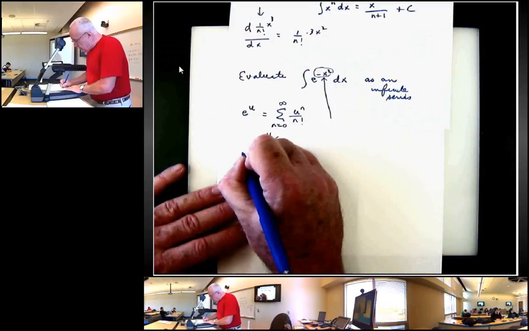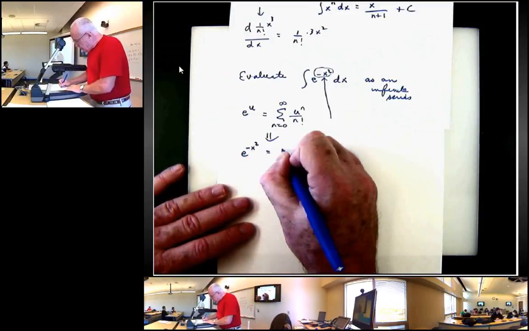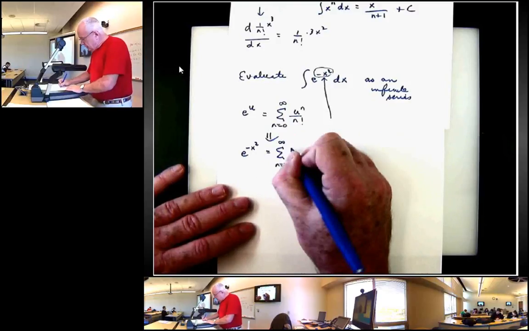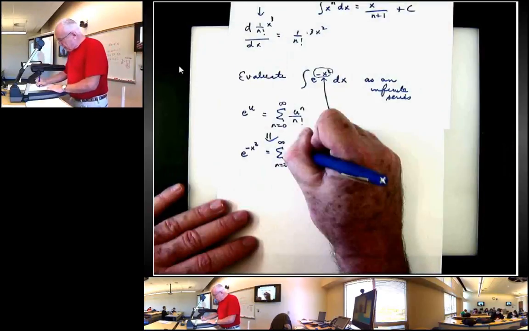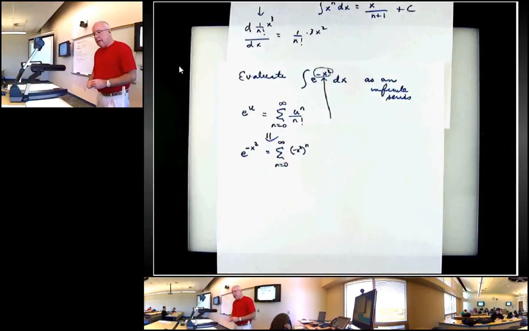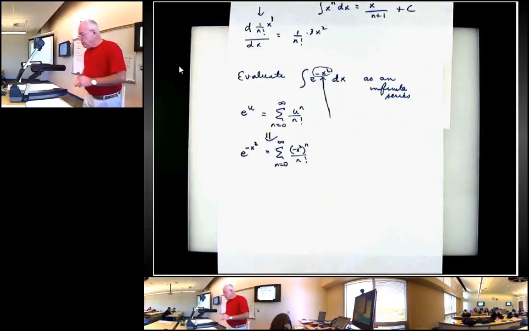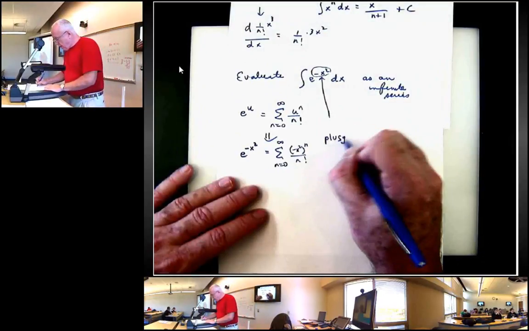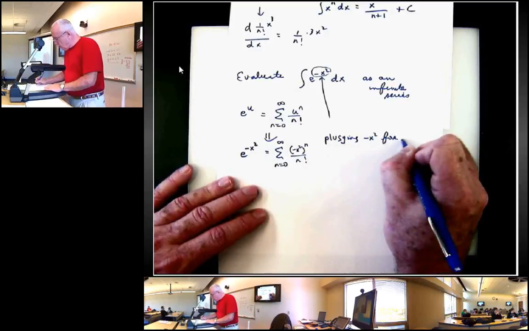So therefore, e to the minus x squared is going to be the summation, n equals 0 to infinity, of minus x squared in parentheses, raised to the n power over n factorial. I'm just plugging in minus x squared for u.